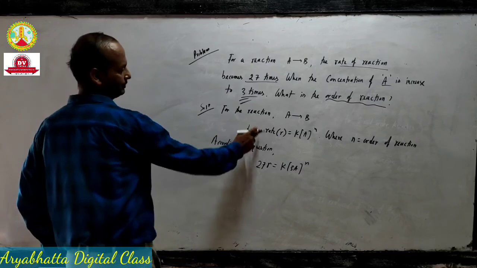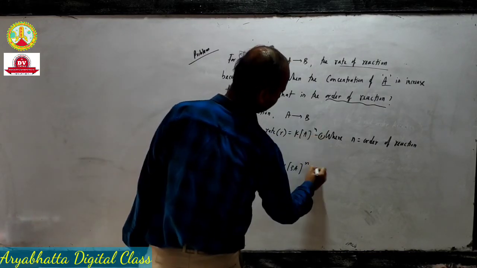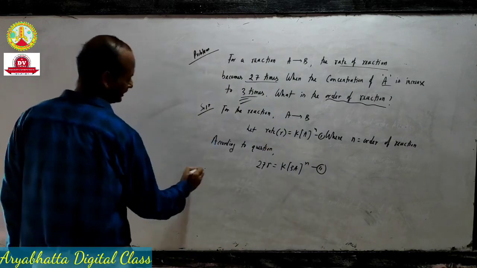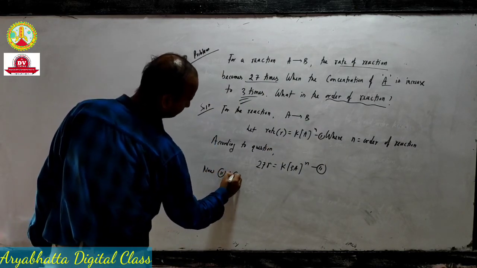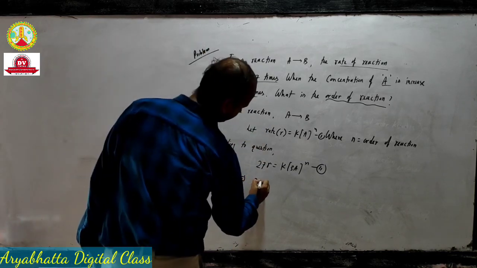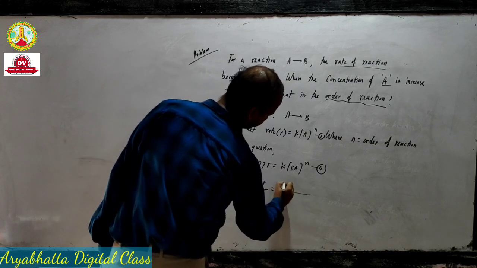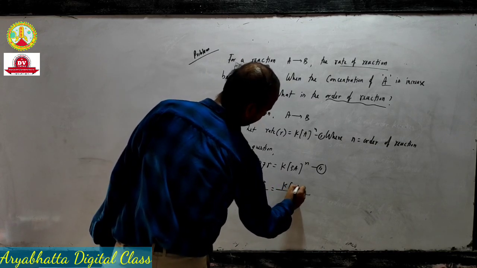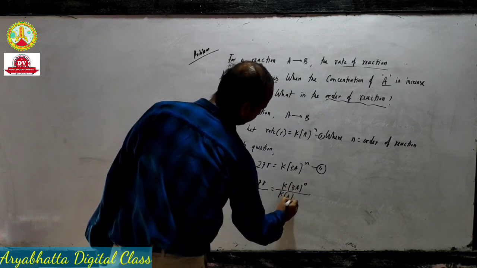Now divide this. Suppose this is equation number 1, and this is equation number 2. Now write 2 divided by 1. Divide it. Now see, 27 R over R, and next K 3A to the power n over K A to the power n.